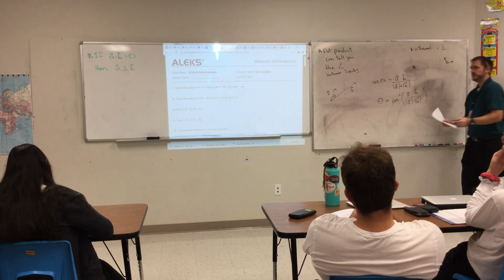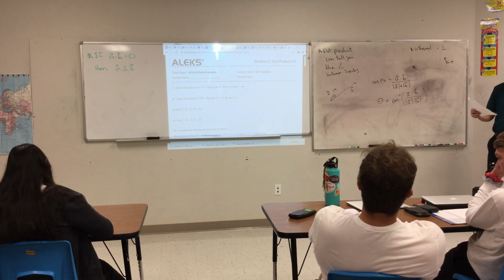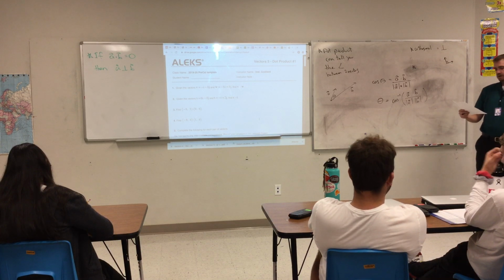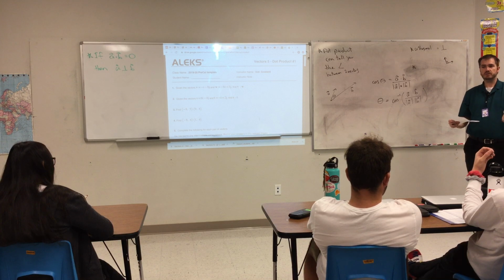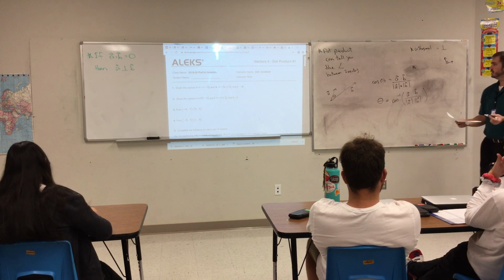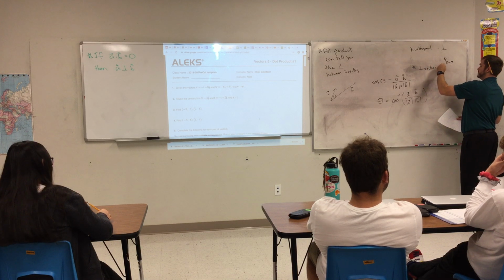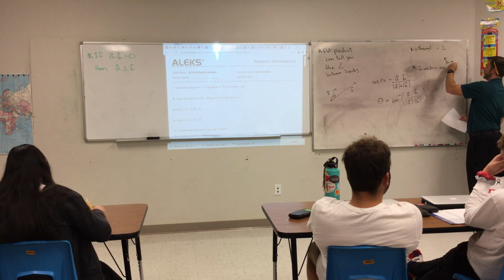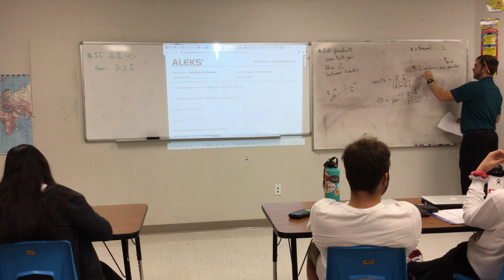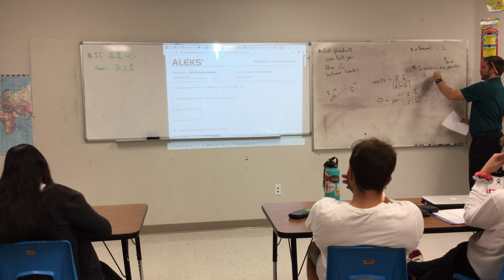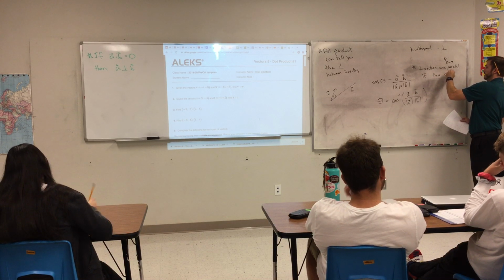Another thing that we're going to need to know just to be successful on this homework is to know when two vectors are parallel, okay? Two vectors are parallel if their components are multiples of each other.